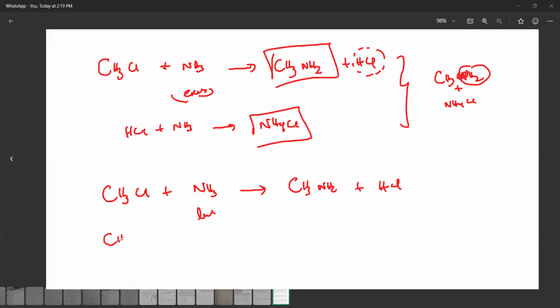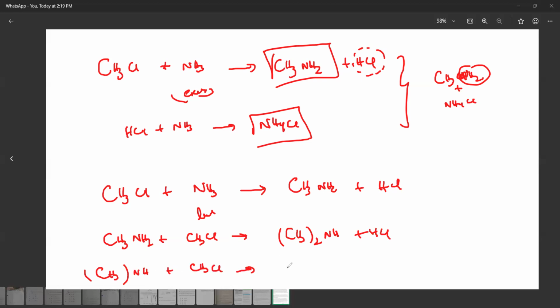Then this CH3NH2 will react with another halogenoalkane, forming (CH3)2NH plus HCl, as another hydrogen is replaced. Then (CH3)2NH combines with another CH3Cl, forming (CH3)3N plus HCl.